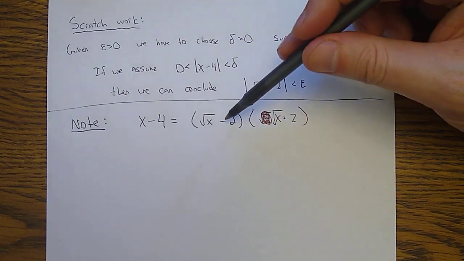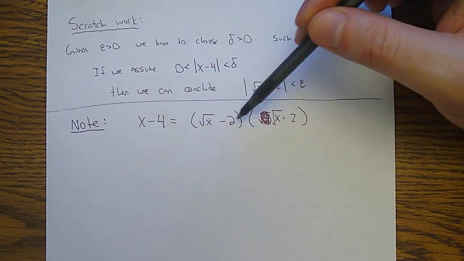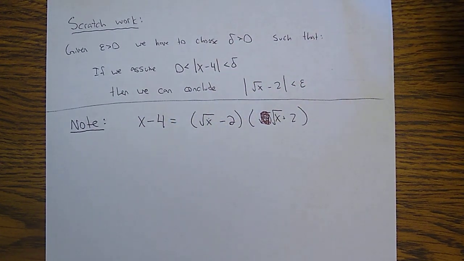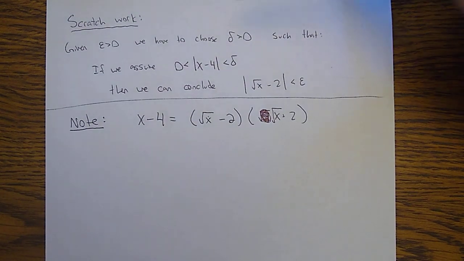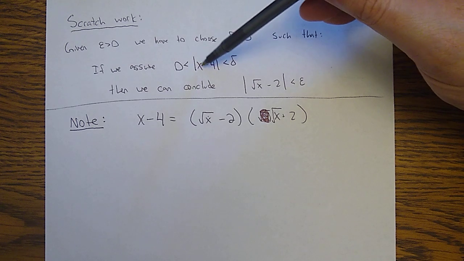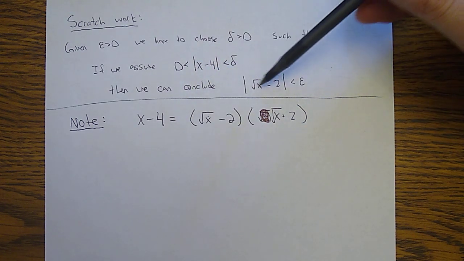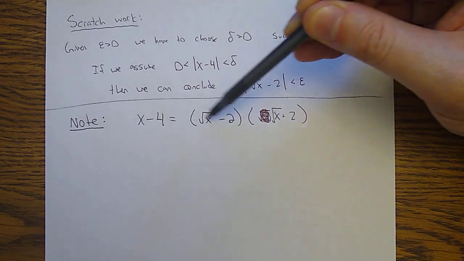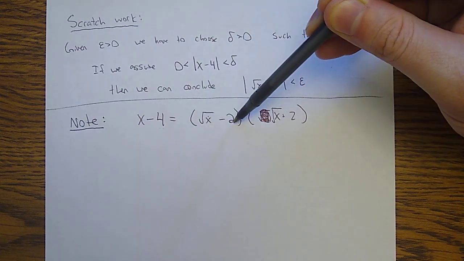If I were to multiply those two out, I would get this number squared, which is x, minus this number squared, which is 4. And this gives me a relationship between x minus 4, that's this number, and the square root of x minus 2, that's this number, and now I have a way of relating this number to this number.